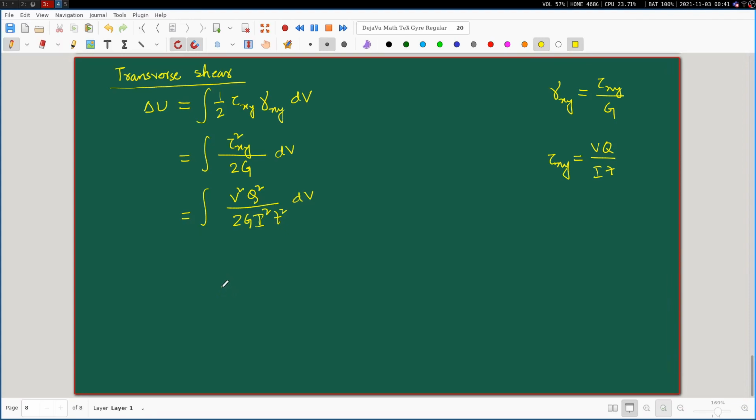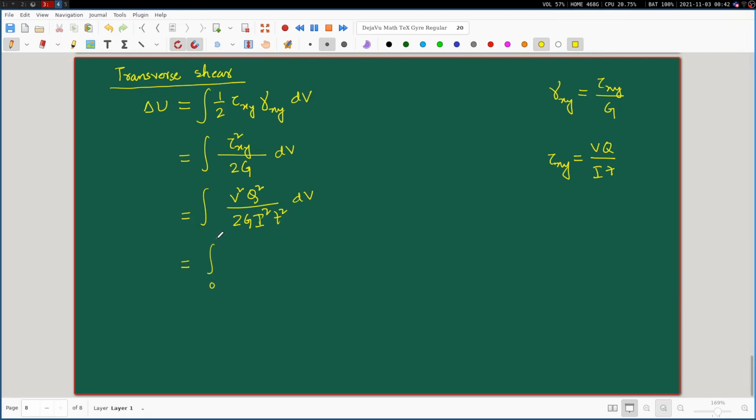Now this is a rather complicated looking thing, and we are deliberately going to make it a little bit more complicated in the intermediate steps, but ultimately it is going to be a nice looking expression. So what we are going to do is something like before, where we decompose this dV into an area integration and a length integration.